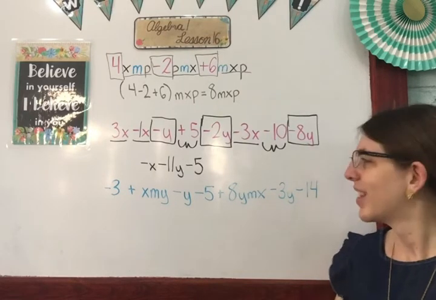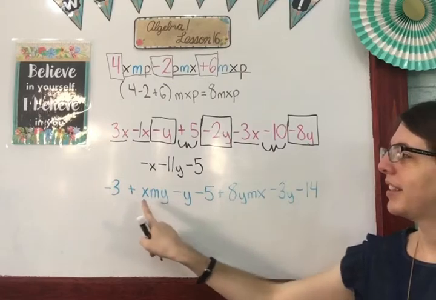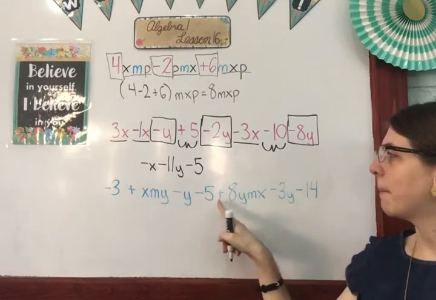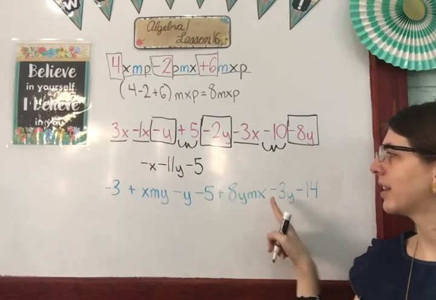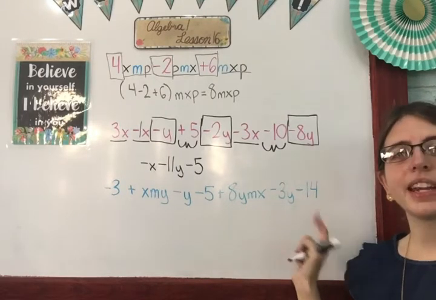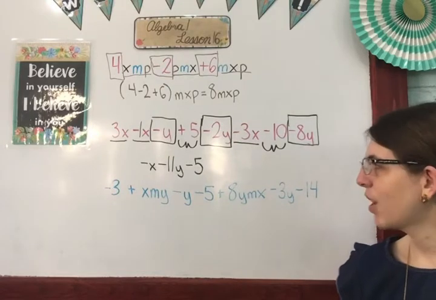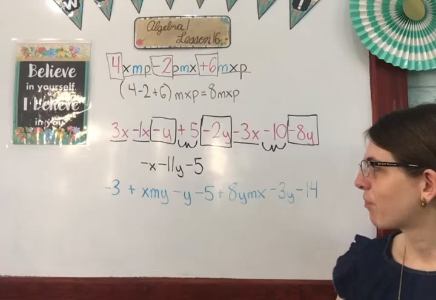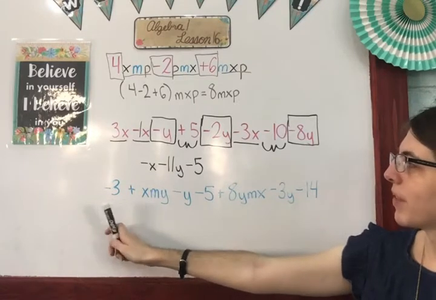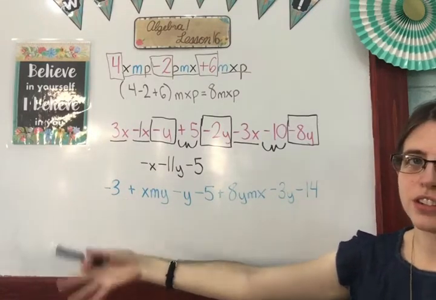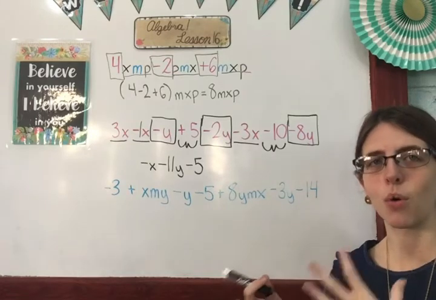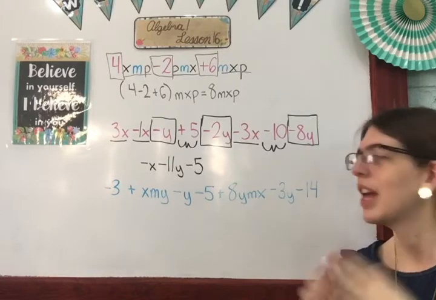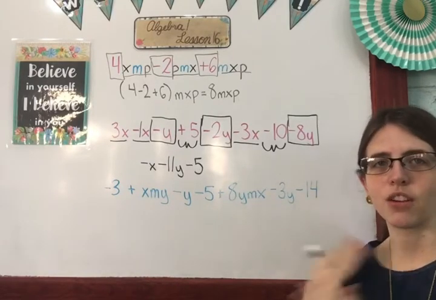One more. Negative 3 plus xmy minus y minus 5 plus 8y and x minus 3y minus 14. For this one, I'm going to start with the whole number. You don't have to start with the first thing, by the way, but it is a little bit more organized. It will help to keep you from missing a term, if you just start with the first one and go from there.